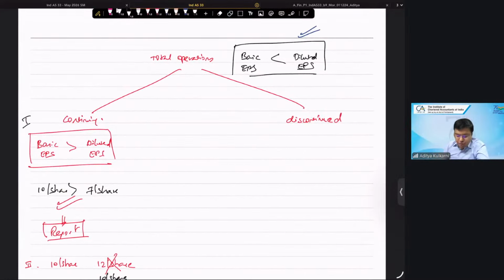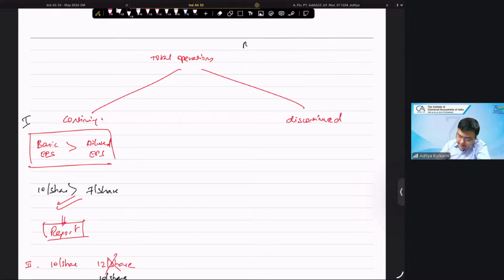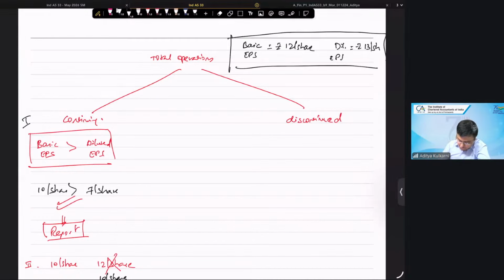Now, if this condition is met, then on a total operations basis, if basic EPS equals, let us say, 12 rupees per share, and diluted EPS, let us assume, is 13 rupees per share, then you can go ahead and report this.